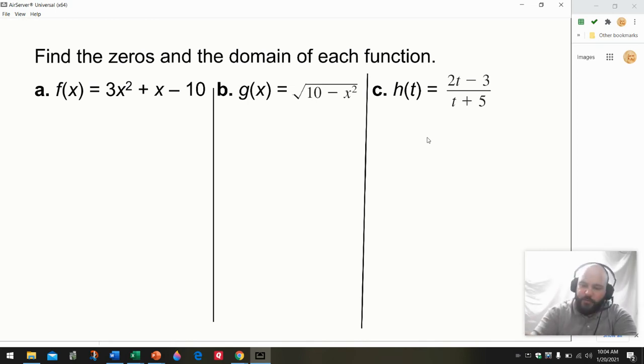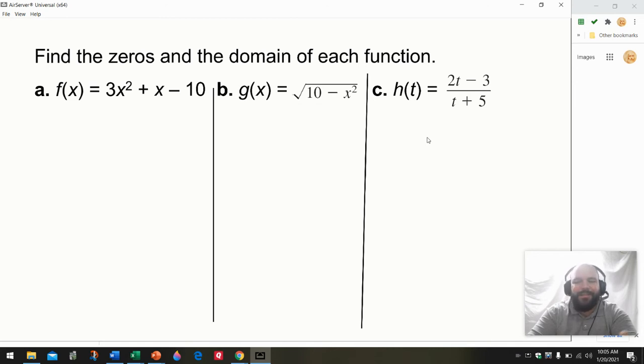So looking at the first one, this is just a regular old quadratic equation, 3x squared plus x minus 10. And so if you recall in the previous video, I did say there are 2 instances where you will have domain restrictions. Only 2 in this class, in this year. Those 2 instances are if you have a square root, which we have in the second one, or if you have a variable on the bottom of a fraction, which we have there. So you can see those 2, part B and part C, will have domain restrictions.